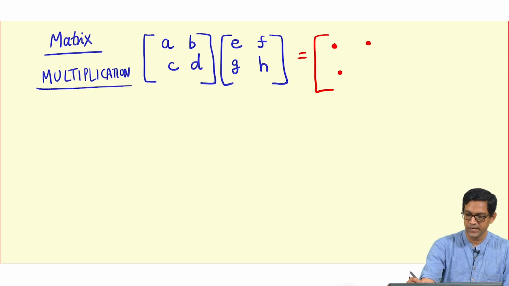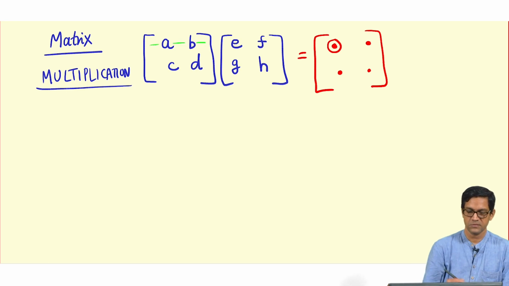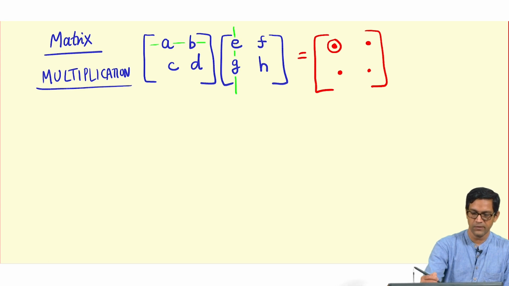The resulting matrix is again going to be 2 cross 2. To find the entry in the first row and the first column, you look at the entries in the first row of this matrix and multiply them term by term pairwise with the entries of the first column of the second matrix.